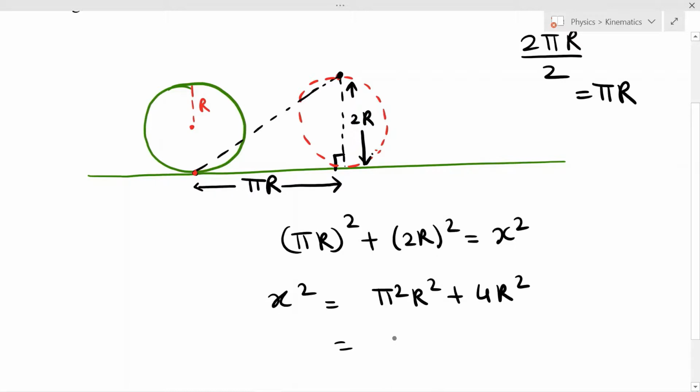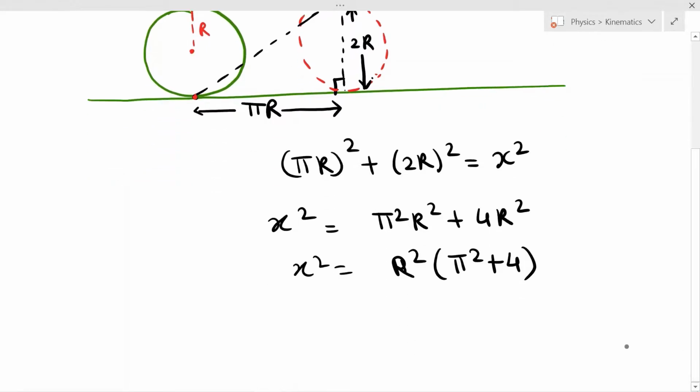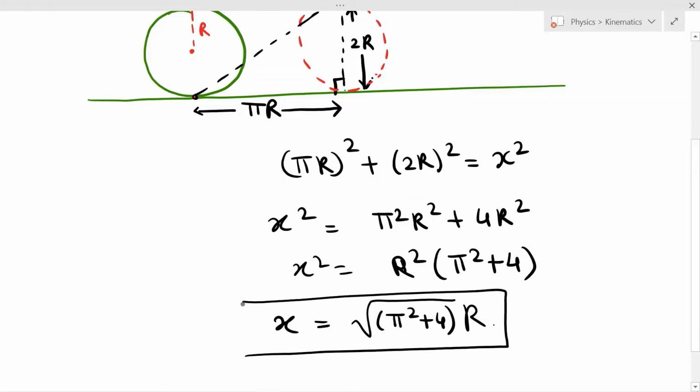So this becomes, let me take r square common, so this becomes r square into pi square plus 4, and this is x square. Now let's take square root on both sides, so x is equal to square root of pi square plus 4 into r. So this is the displacement's magnitude.